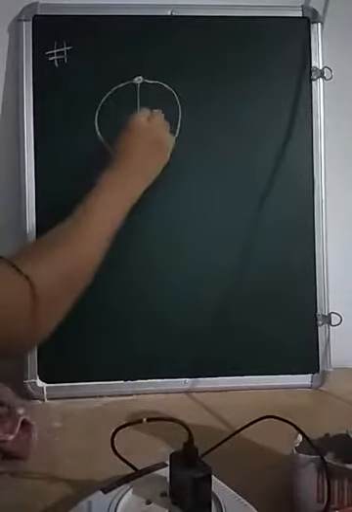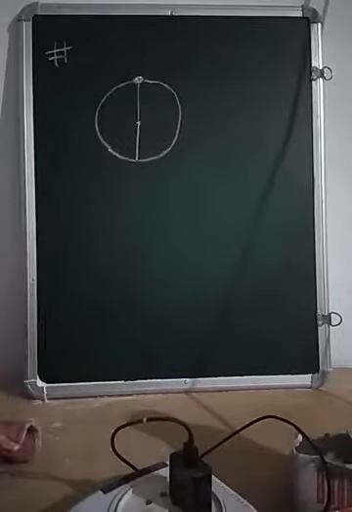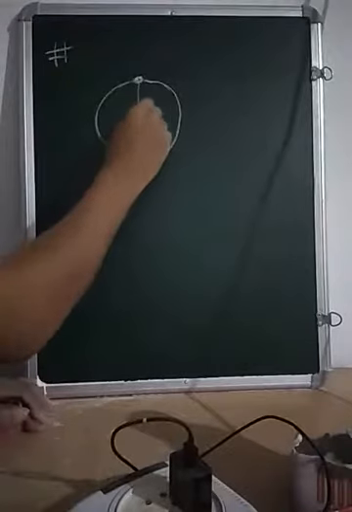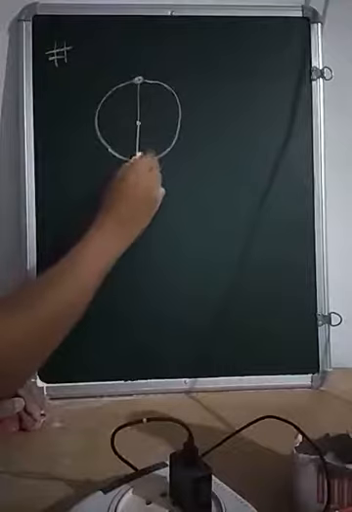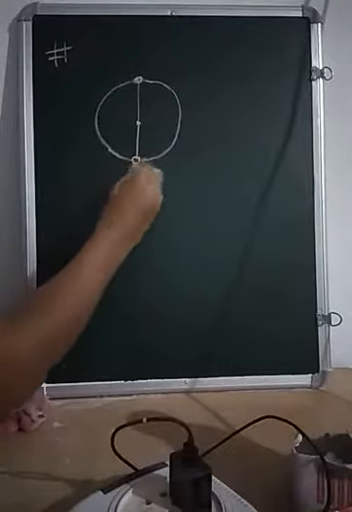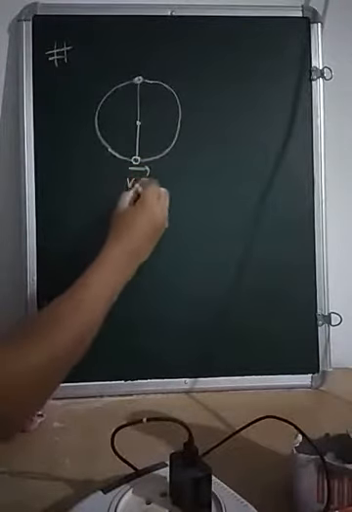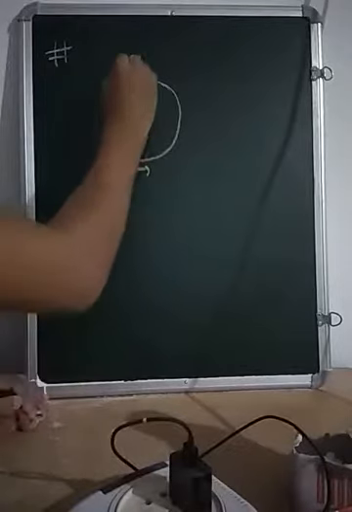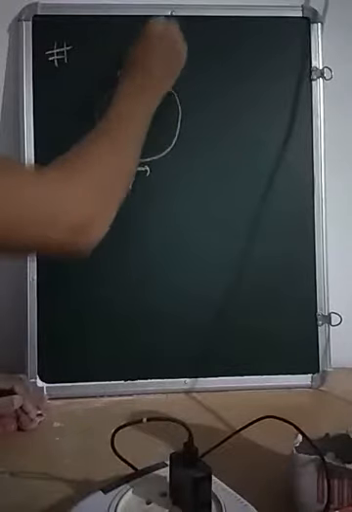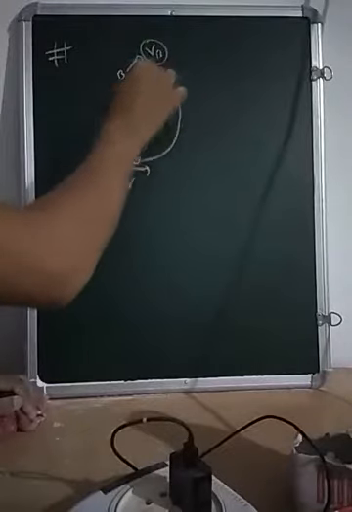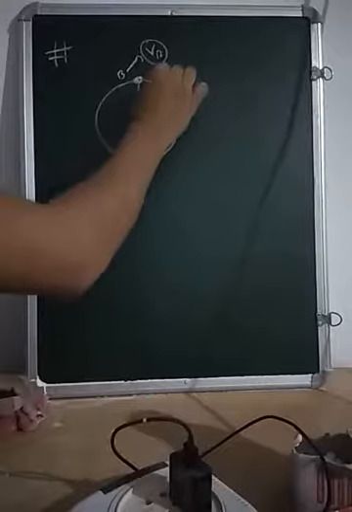Here, after studying the law of conservation of energy, we can calculate the velocity at the lowest point. So this point A, and this point B. Earlier we calculated the minimum velocity at point B such that the body of mass m can complete this circular path.